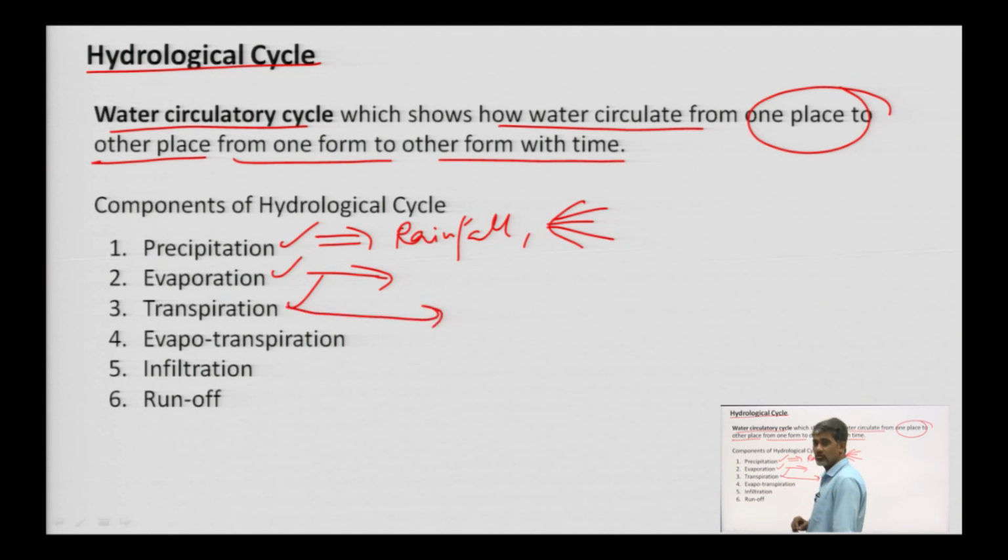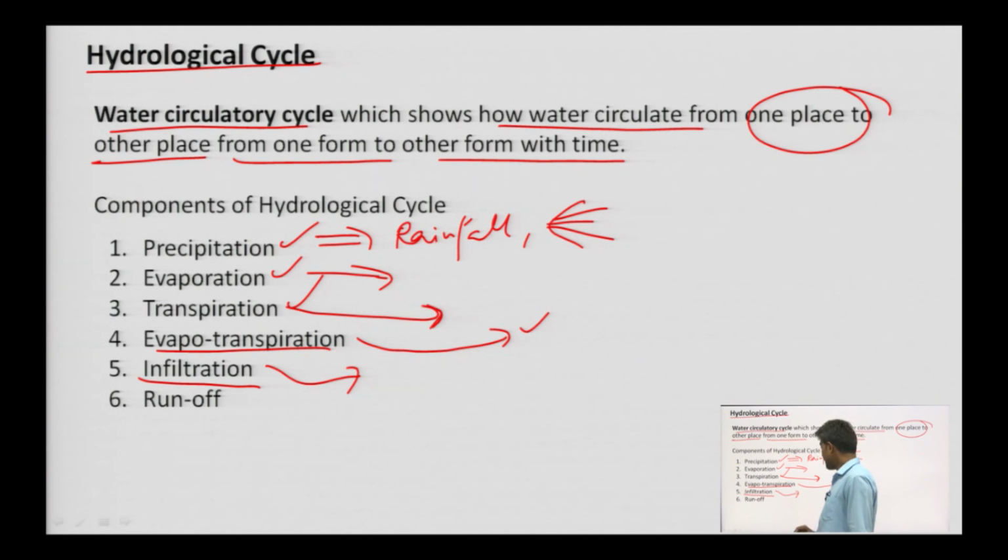Transpiration through plants: the requirement of water by plants, evapotranspiration, the water going through leaves into the atmosphere. Infiltration: water which is infiltrated into the ground. Runoff: the water which is moving on the surface.